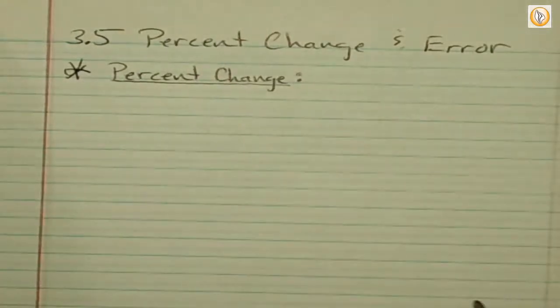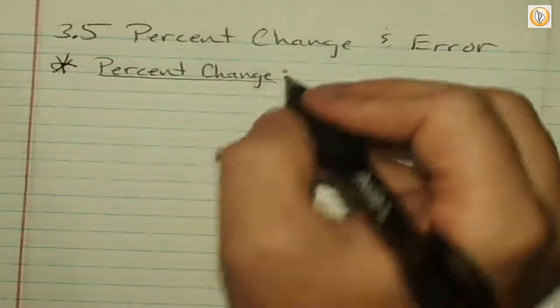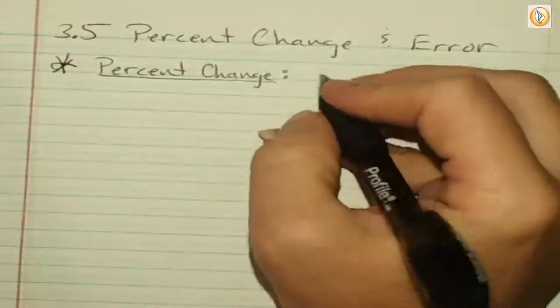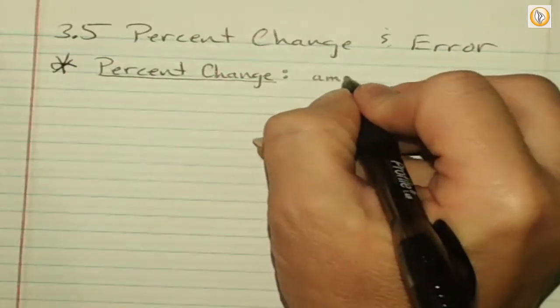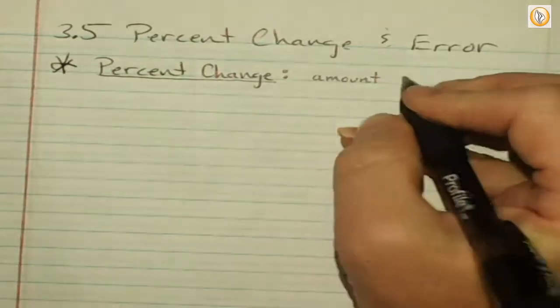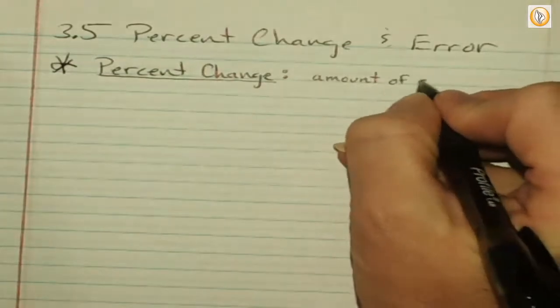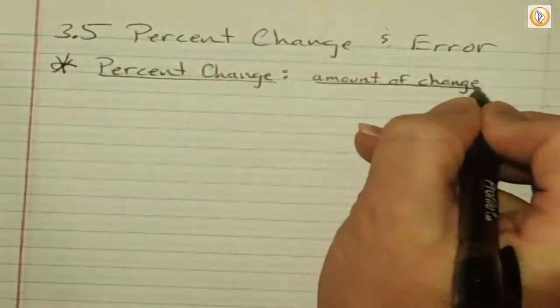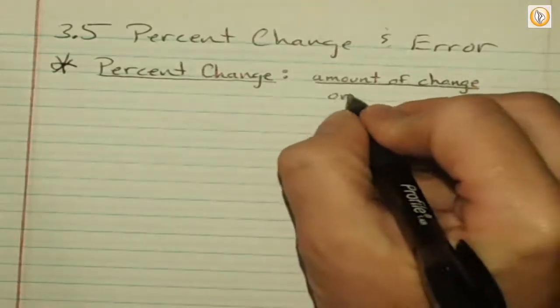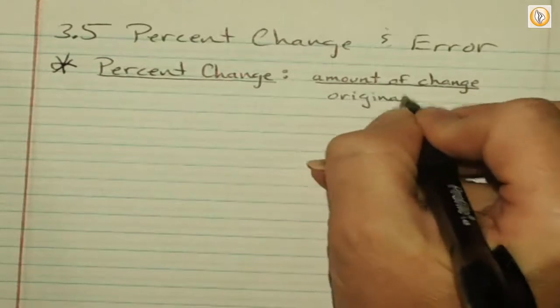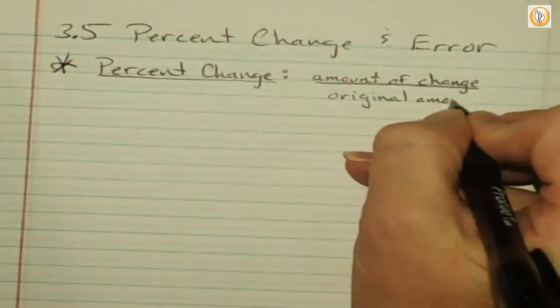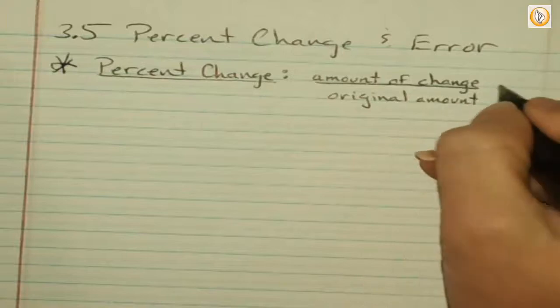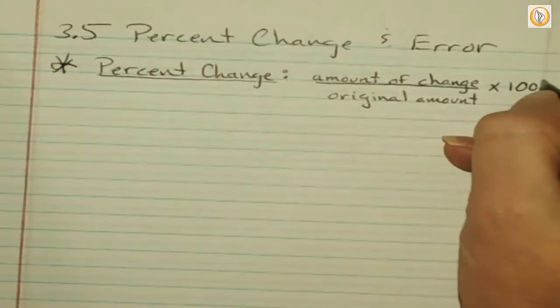And the formula, you need to know this so you can recognize it, is amount of change all over original amount times 100%.